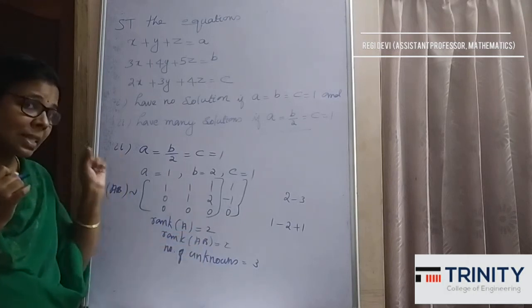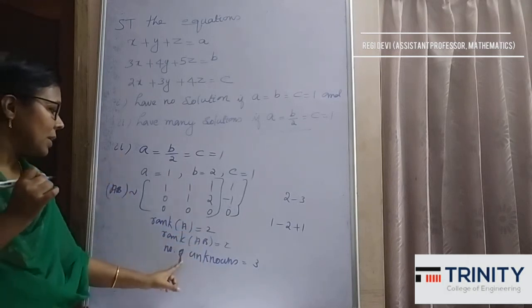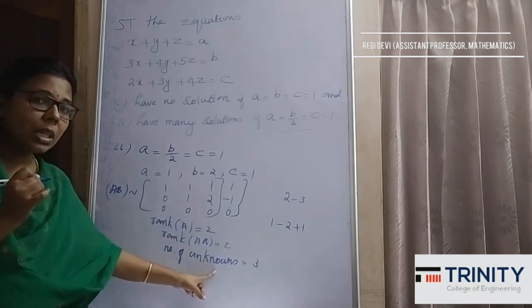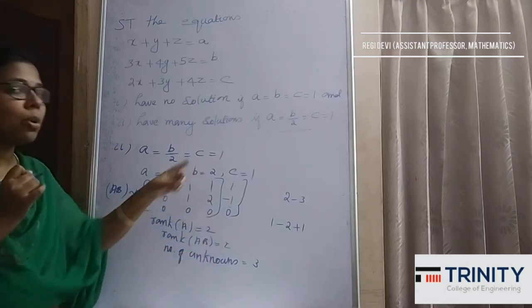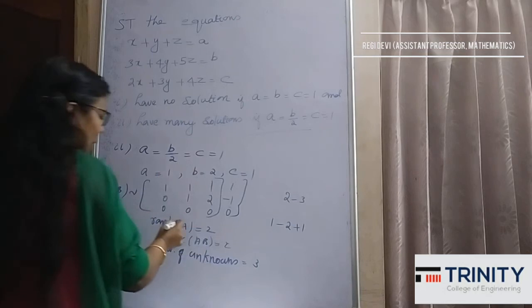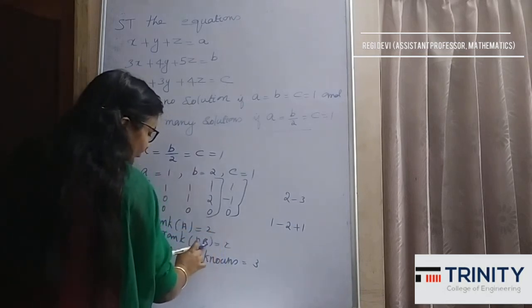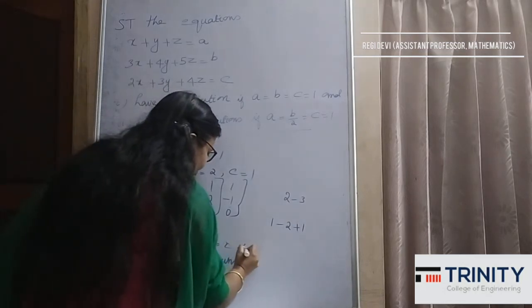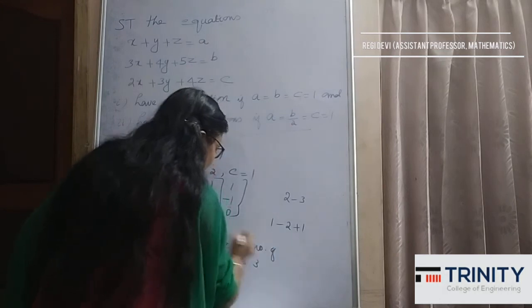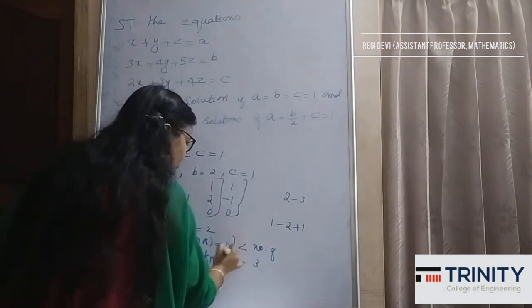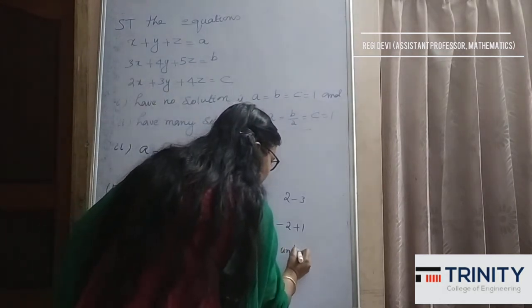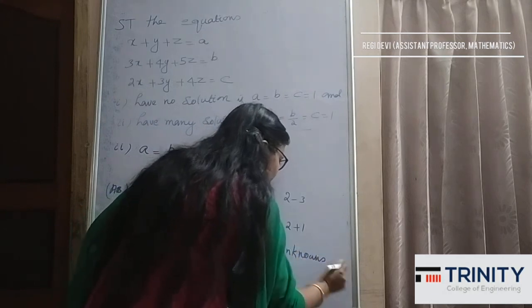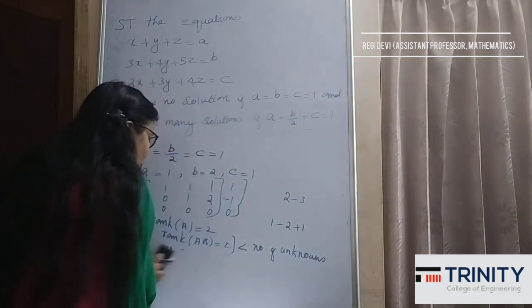Therefore, our system is consistent and has solution. But the rank is less than the number of unknowns. Therefore, the system will have infinite number of solutions. Here rank of A equal to rank of AB equal to 2, but less than the number of unknowns.